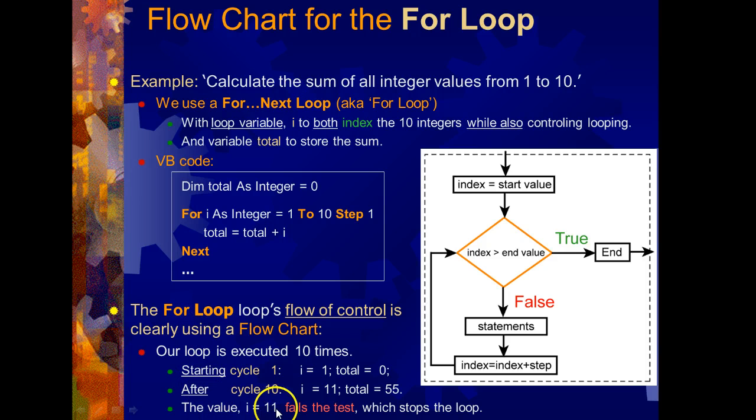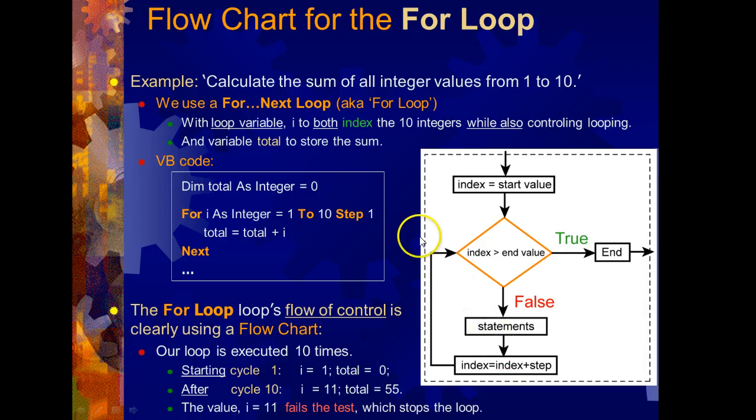He says I equals 11 fails the test. So maybe he means you come back up here and increment and get 11, then it fails the test, so you end the loop. You go out of the loop. So you could have other statements coming after the loop. You don't necessarily have to end the program, but you end the loop. So this indicates the loop structure in the flowchart.